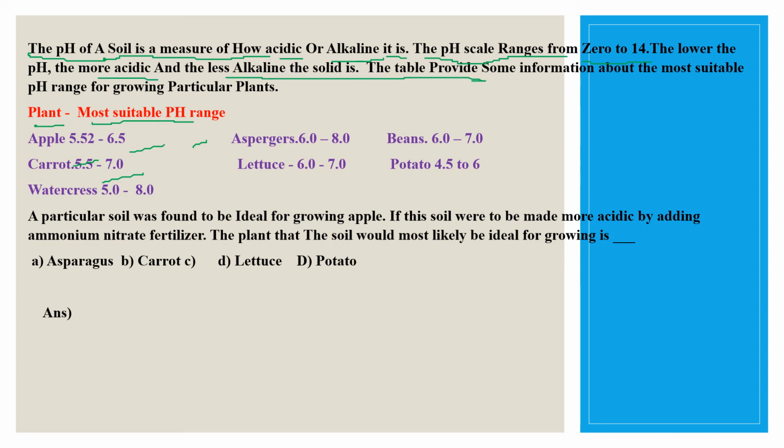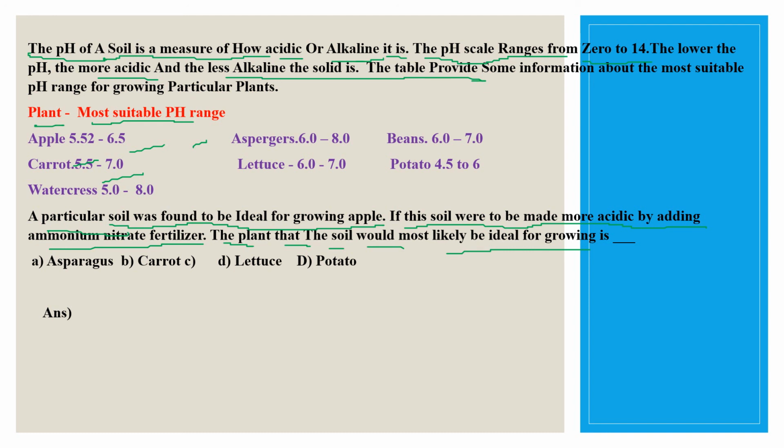He's asking: a particular soil was found to be ideal for growing apple. If this soil were made more acidic by adding ammonium nitrate fertilizer, the plant the soil would most likely be ideal for growing is?